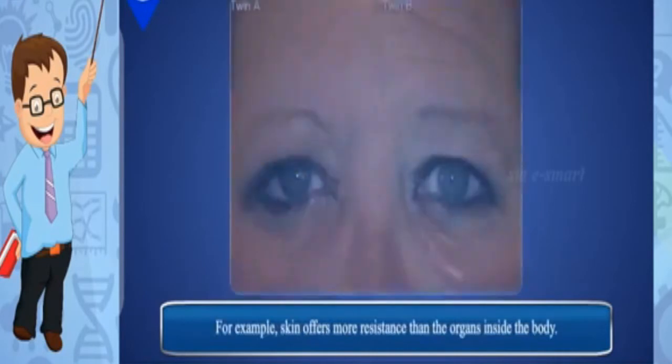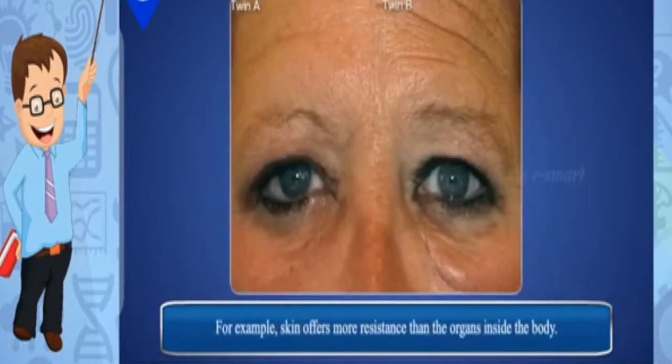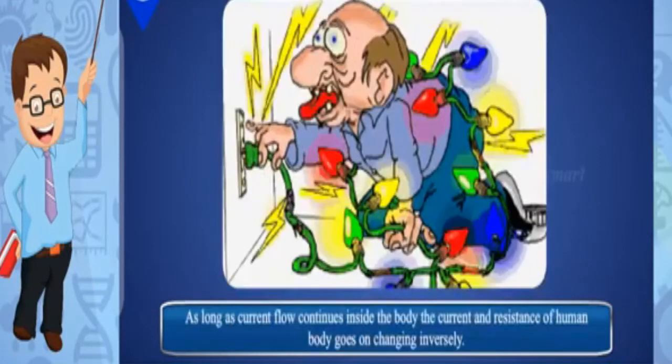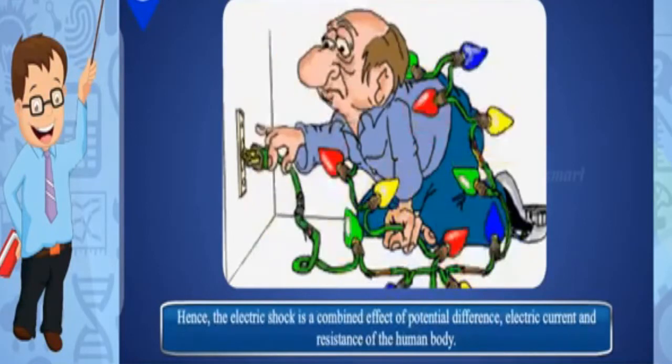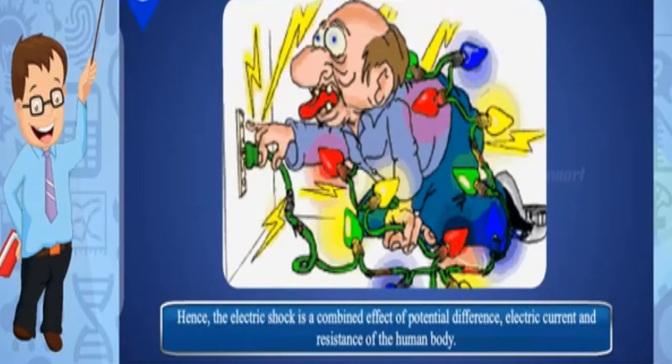For example, skin offers more resistance than the organs inside the body. As long as current flow continues inside the body, the current and resistance of the human body keep changing inversely. Hence, electric shock is a combined effect of potential difference, electric current, and resistance of the human body.